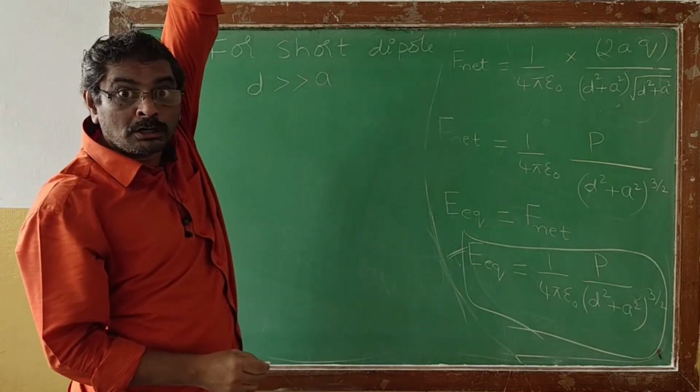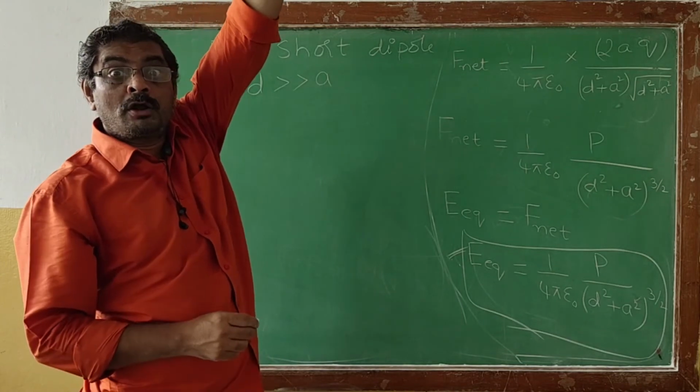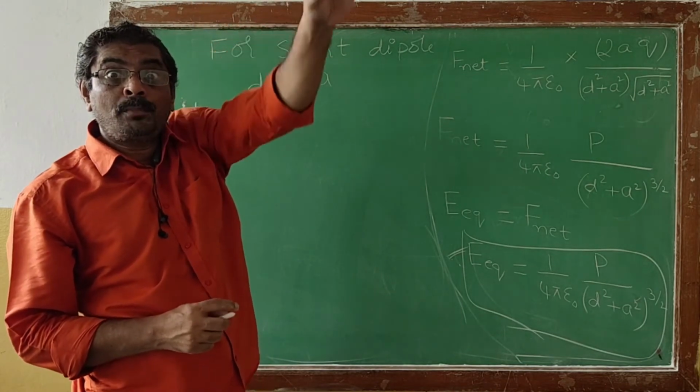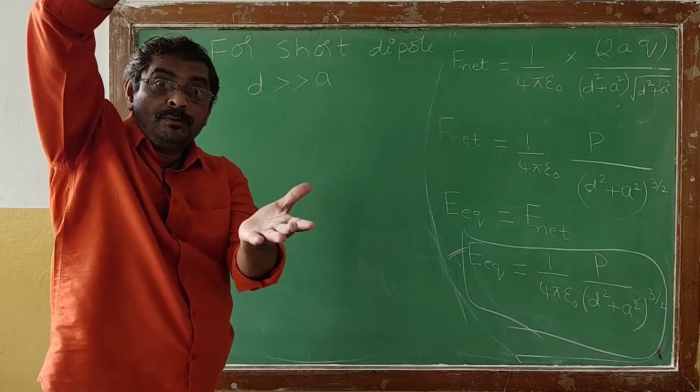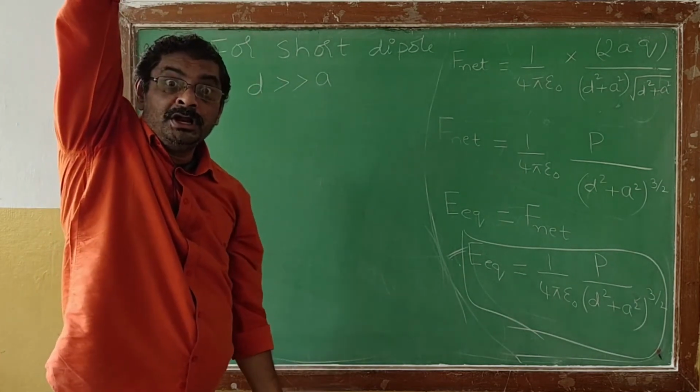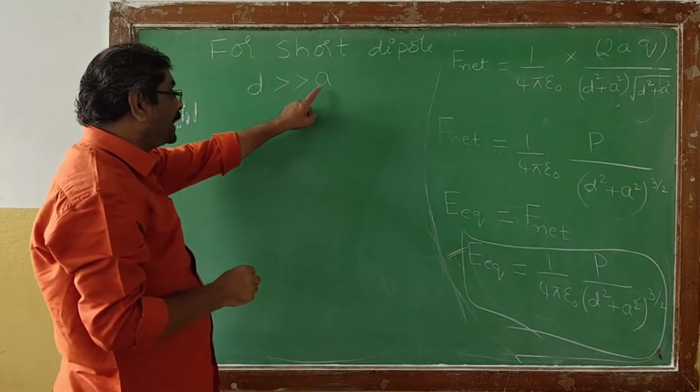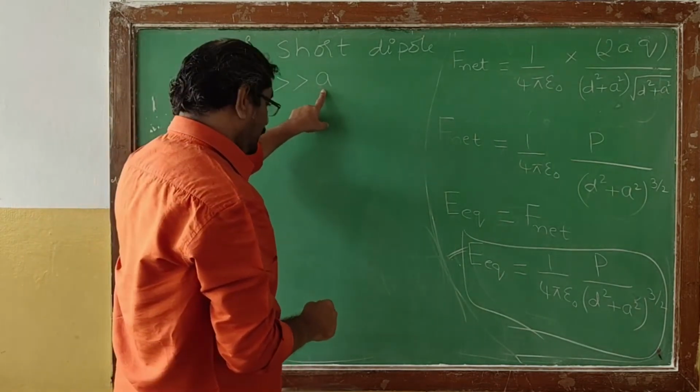For a shorter dipole, the external distance will be very large when compared to small a.